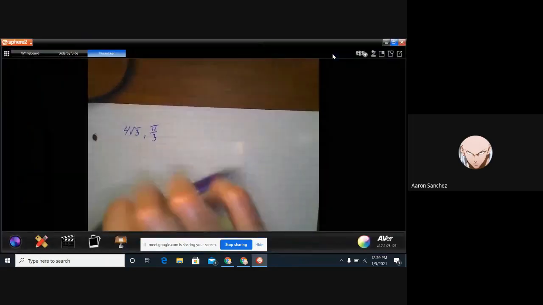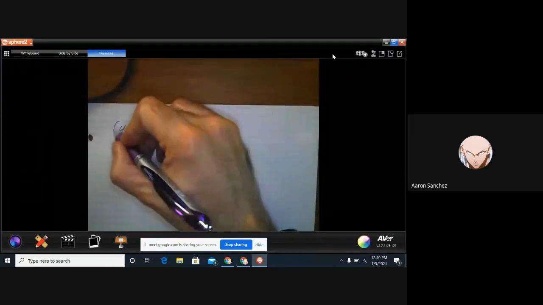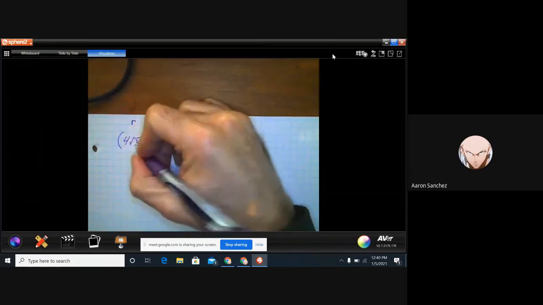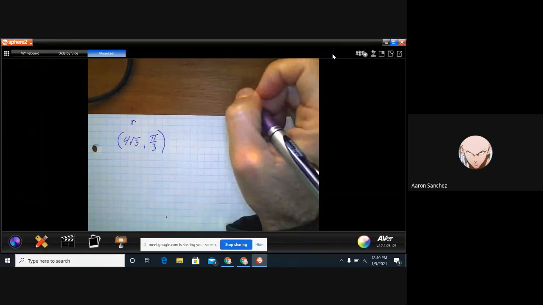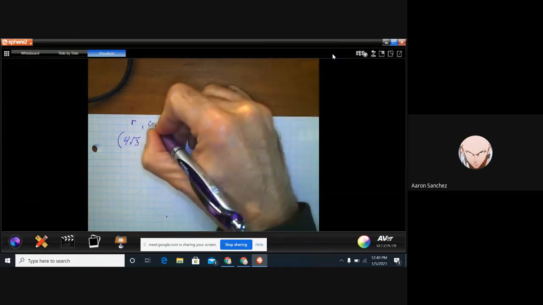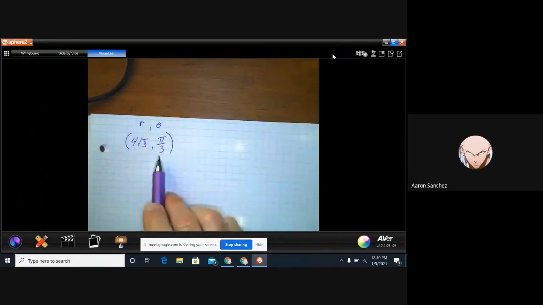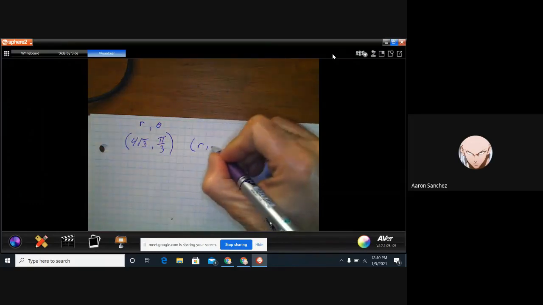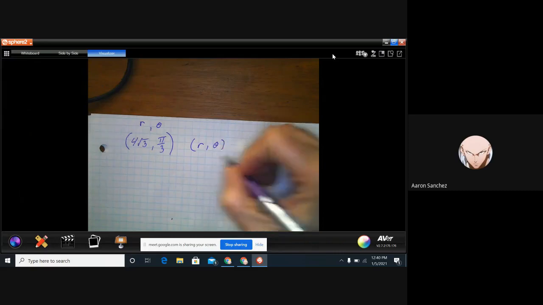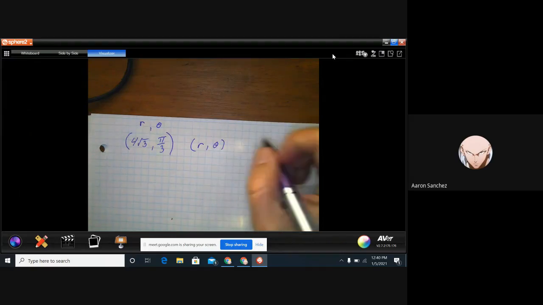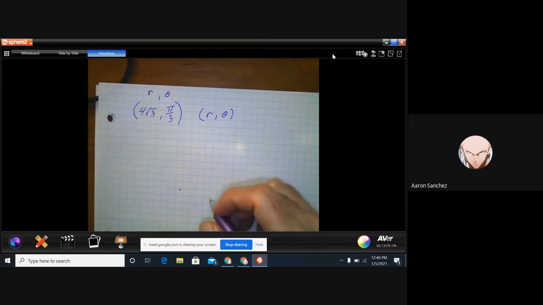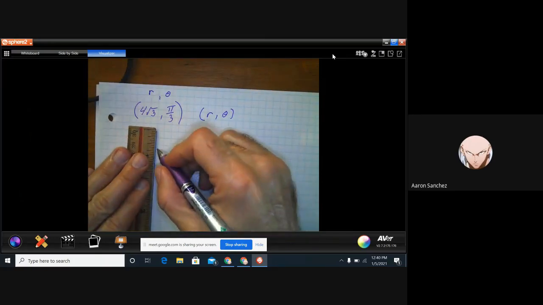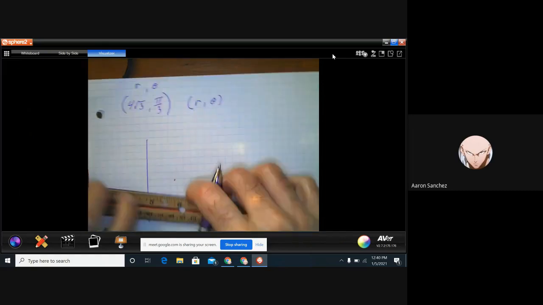Okay, so we want to convert this into rectangular form. Now, this is the radius, 4 root 3, and this is theta, pi over 3. Okay, so the form is radius comma theta, right? Instead of x and y, we have the radius comma theta. Now I'm doing my best to draw this picture. You don't need to draw it, but just so you guys get an idea of what's going on here.